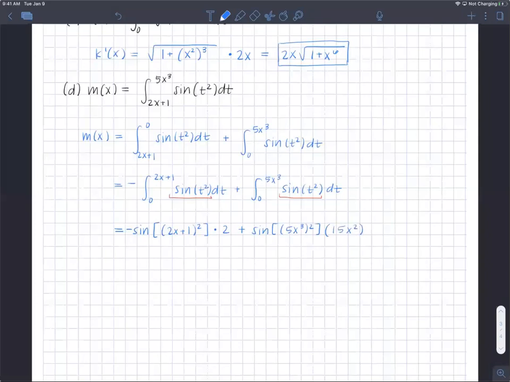And so if you simplify this a little bit, you're just going to get negative 2 sine of 2x plus 1 quantity squared plus 15x squared times the sine of 25x to the 6th. And so there would be your answer. So are there any questions about any of these examples that I've done today?